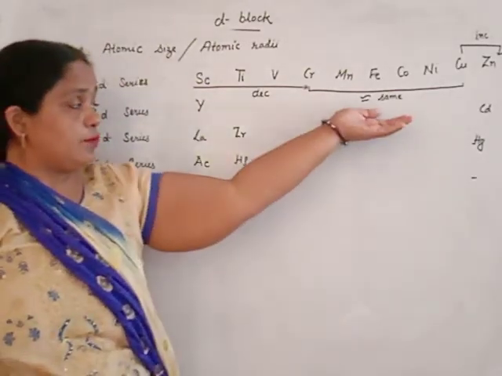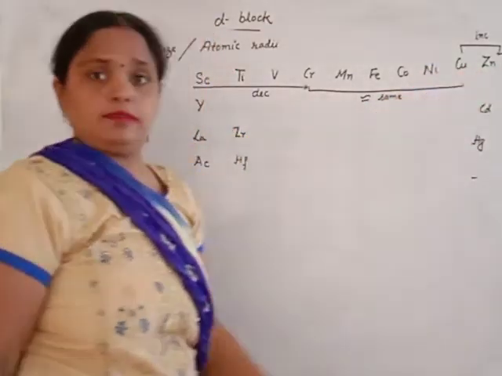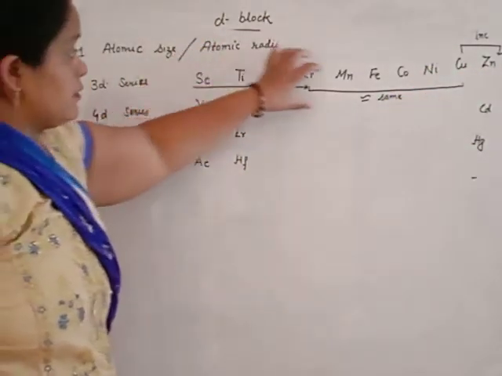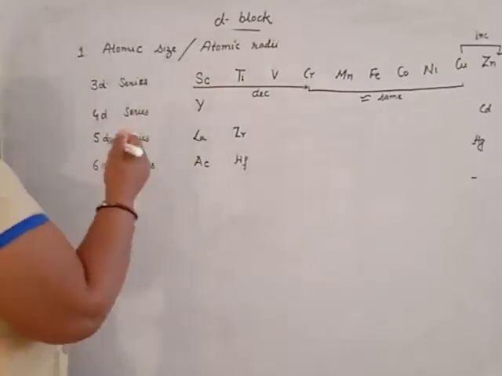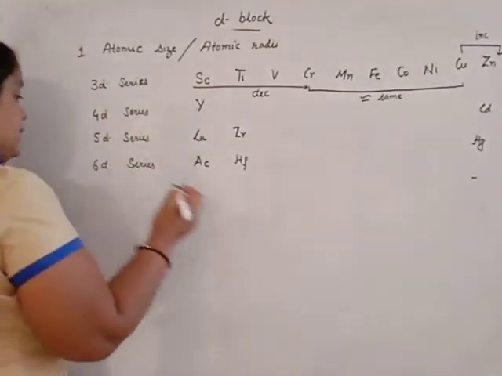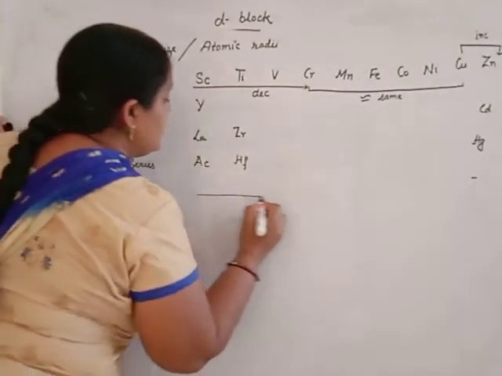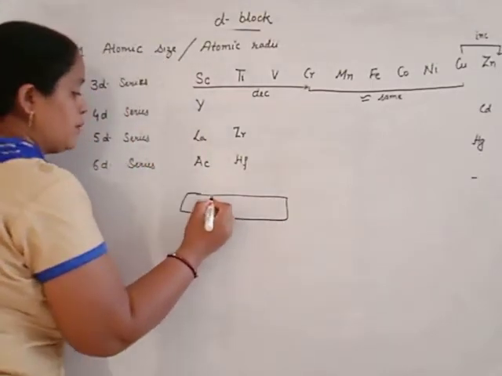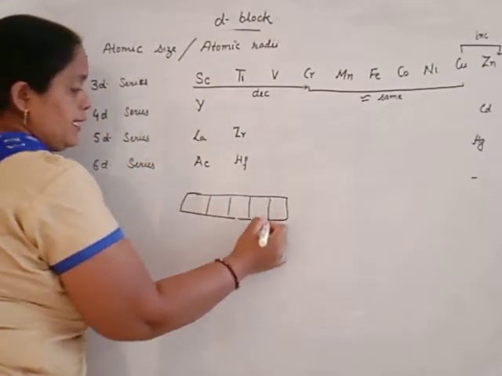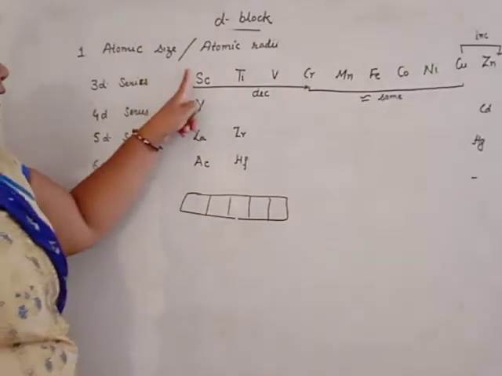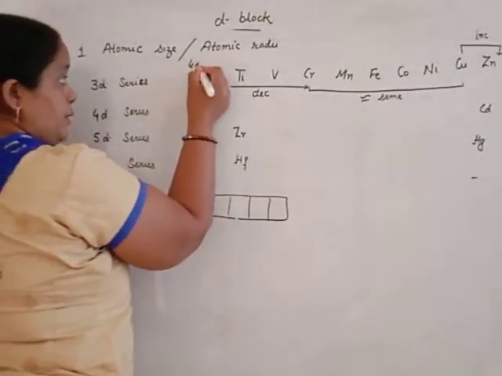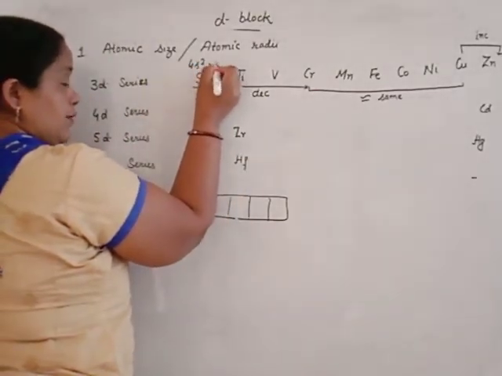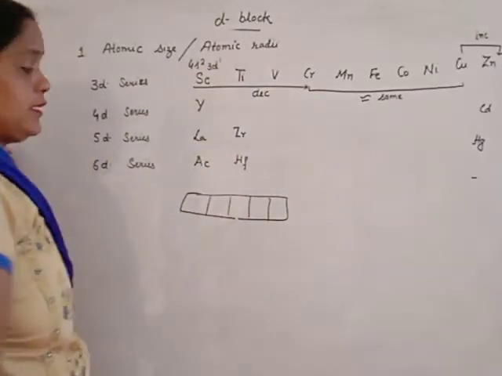But what about the increase? In the whole series, electrons enter the 3d orbital. The 3d orbital consists of 5 suborbitals. In case of scandium, the outermost electron configuration is 4s2 3d1.